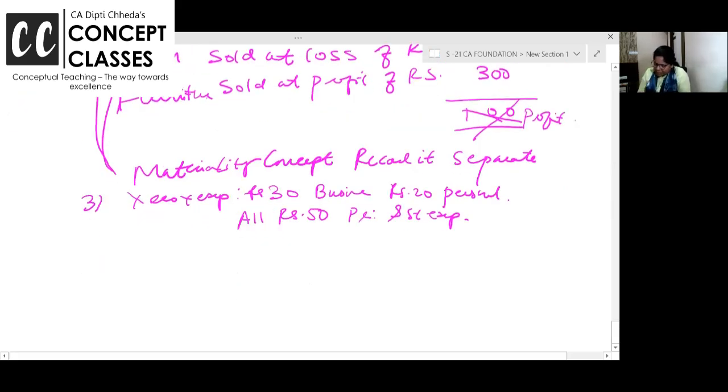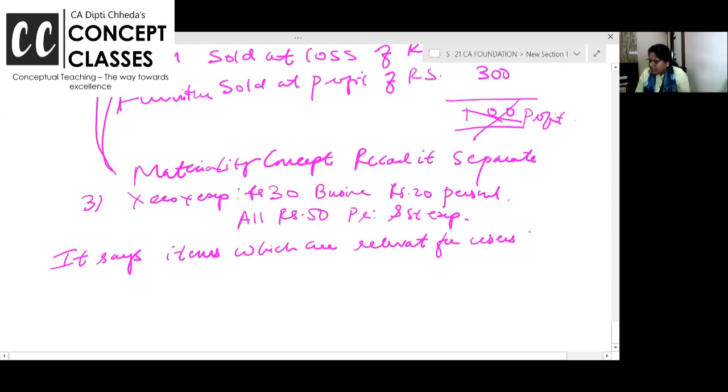Materiality concept says what? It says items which are relevant for users of financial statement should be recorded separately.